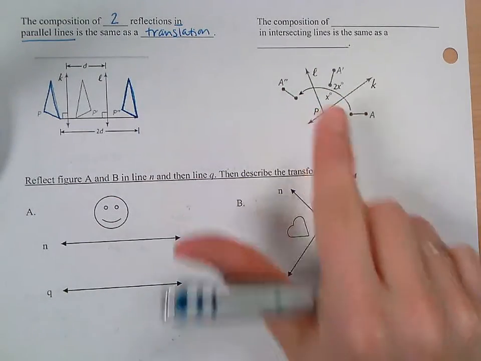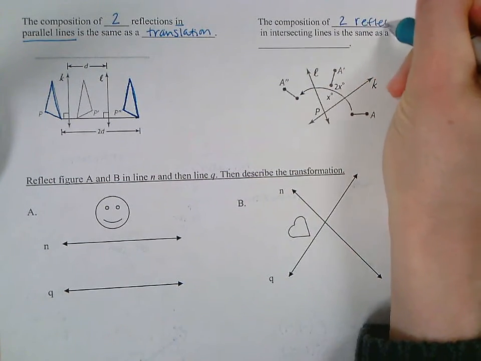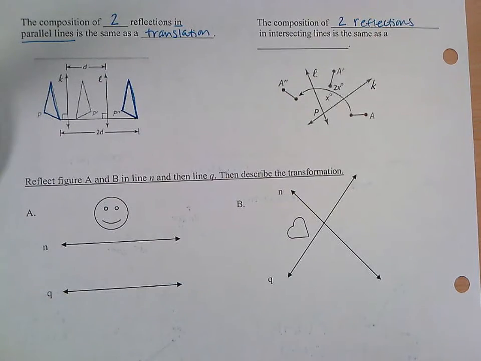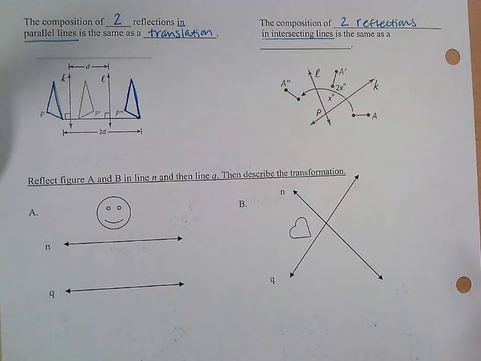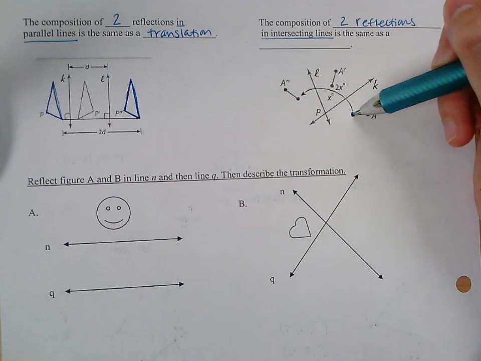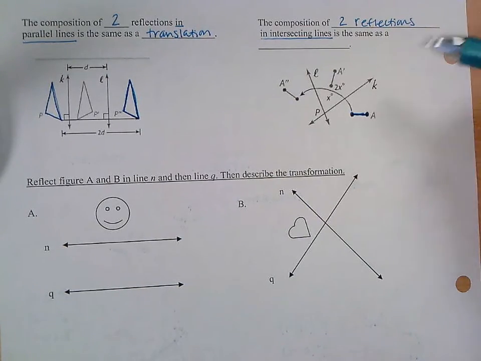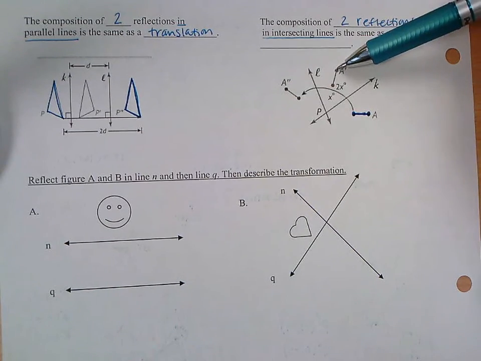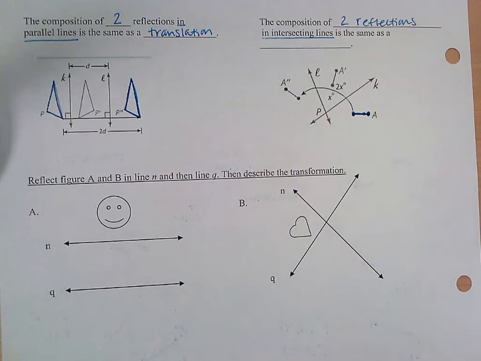Then the next one, the composition of two reflections in intersecting lines is the same as a blank. So here we're starting with this segment with point A. It's being reflected over line K and then reflected over line L, where K and L are lines that intersect.